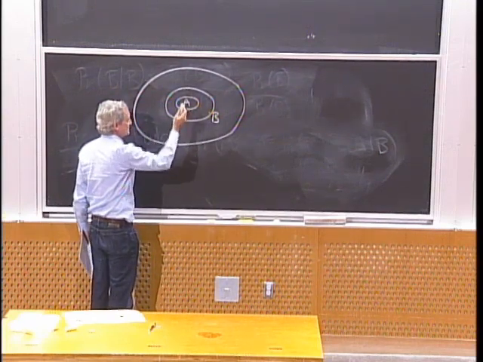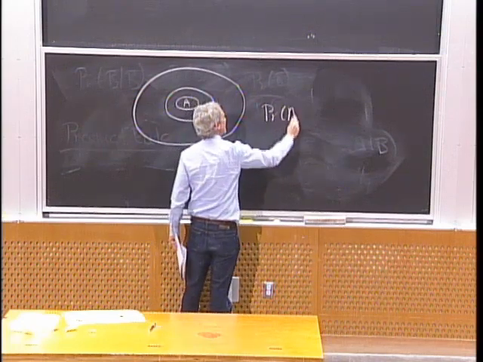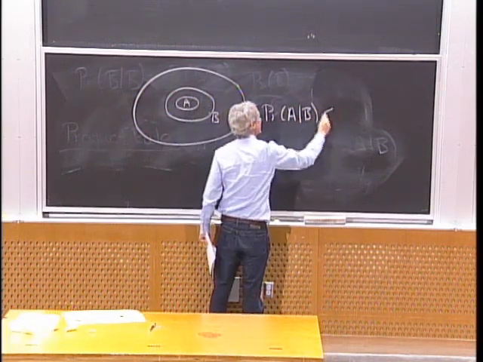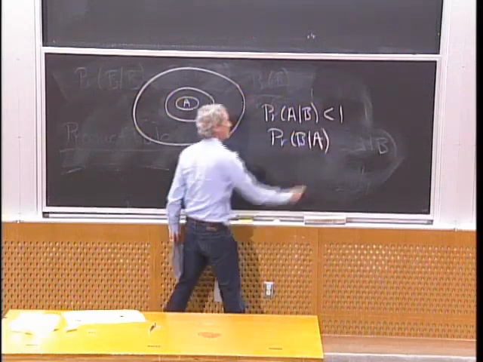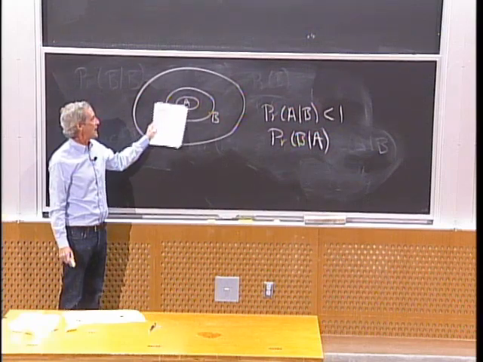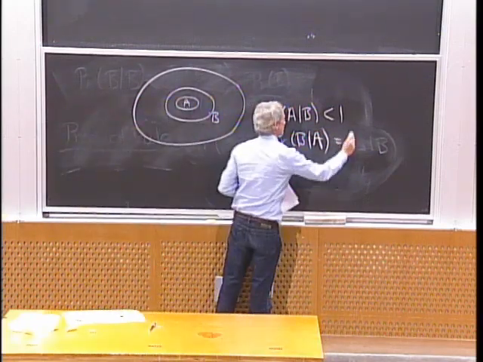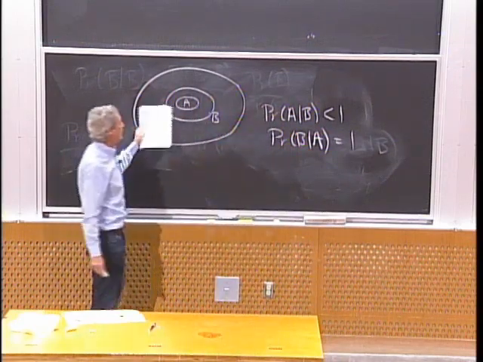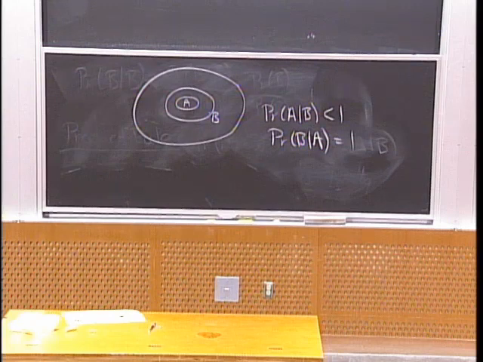Might be I've drawn it as a third if it was uniform. But in this case, the probability of A given B is less than 1. What's the probability of B given A? 1. Because if I'm in A, I'm definitely in B. All right, so that's an example where they would be different. And that's the generic case. They're different.